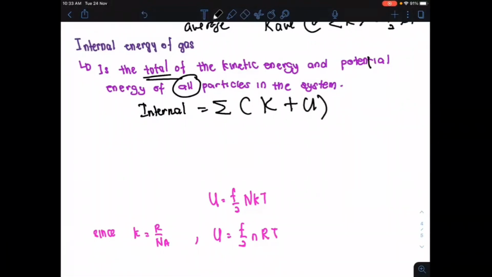Okay, however, the potential energy here for chapter 13 is associated with forces between the particles.